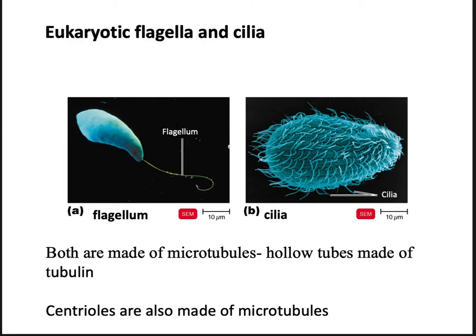We talked about a lot of possible structures on the outside of a prokaryote, and one of the things we talked about was flagella. And I want to point out that for the few eukaryotic organisms that have flagella, it is a more advanced flagella. It's much larger.